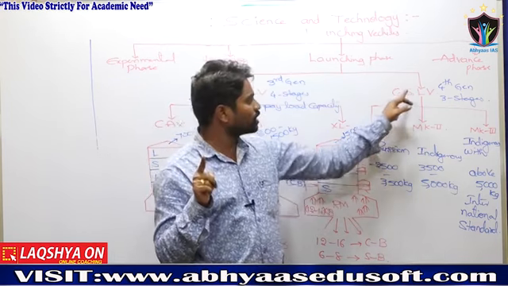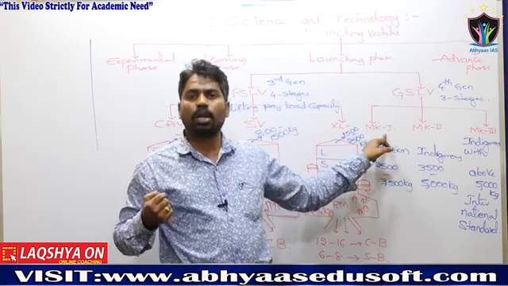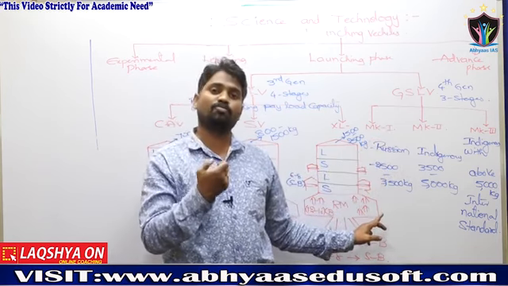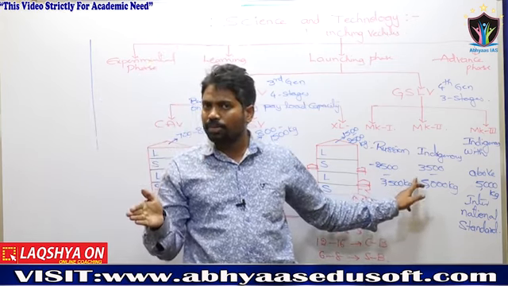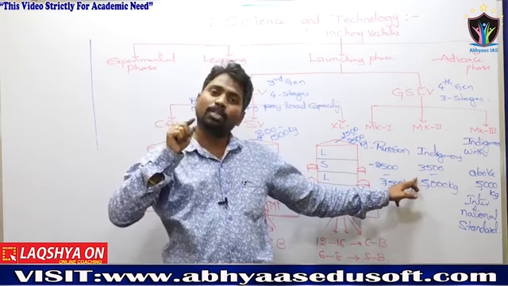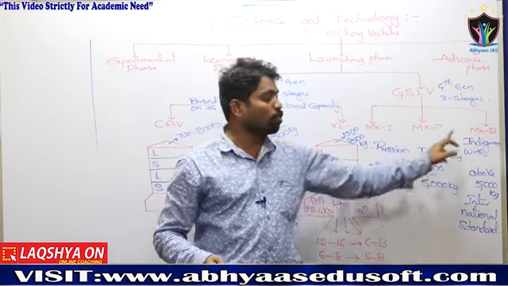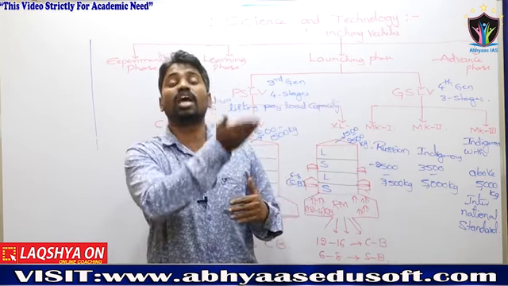GSLV Mark 1 can lift 2500 to 3500 kilograms of payload into the free space. By the help of Mark 2, 3500 to 5000 kilograms. What about the Mark 3? Above 5000 kilograms, there is an international standard.